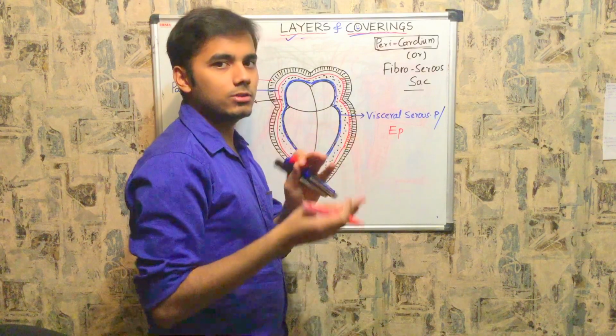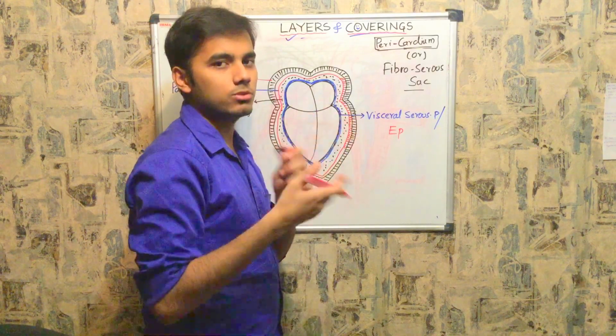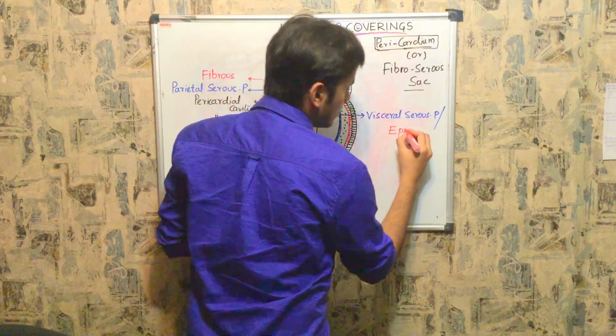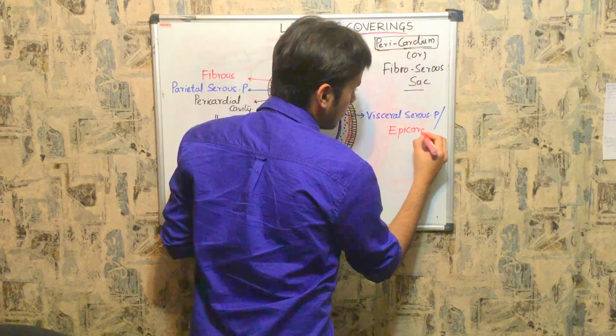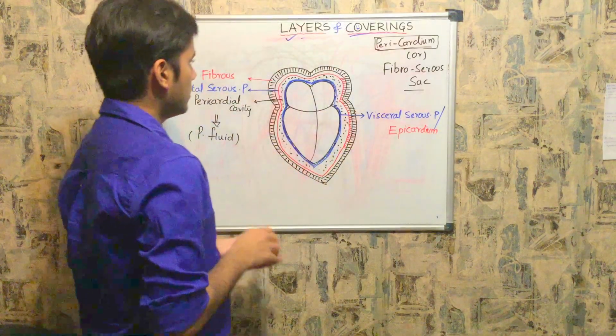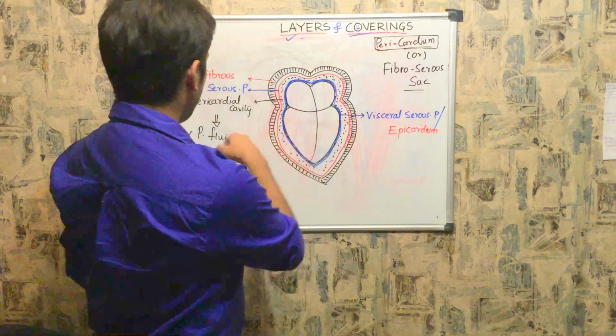We can't identify these two layers properly due to the absence of a separating line. So you call this also the epicardium. And this is your pericardial fluid.